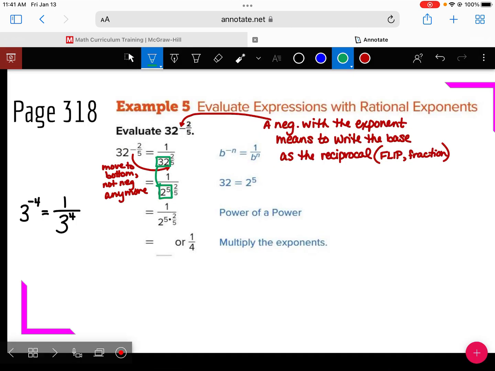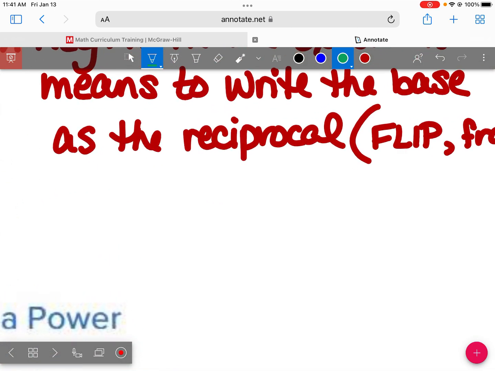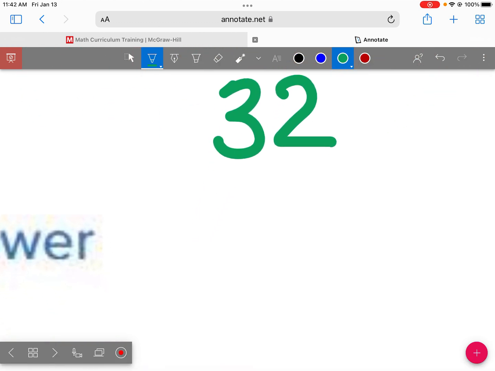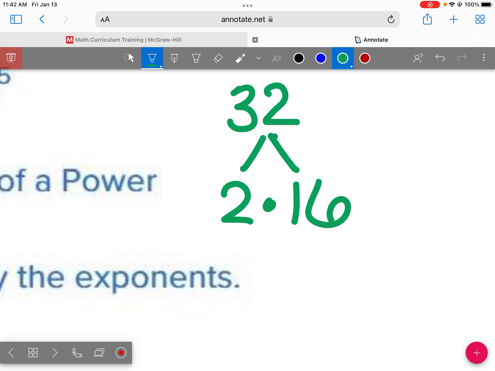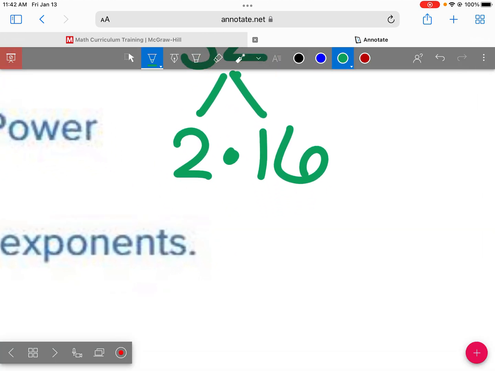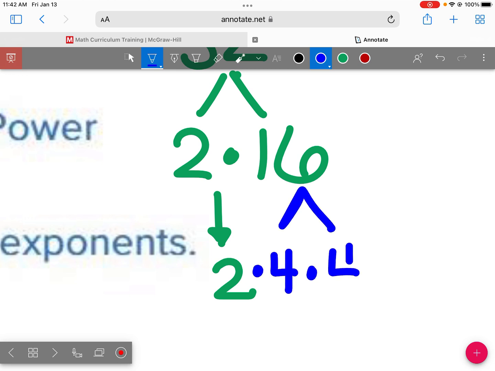All right, let's take 32 and see if we can break this down. Give me another way to write that. What goes into 32? 2 goes into 32. This would be 2 times what? 2 times 16. Can anything go into 16? I heard 4. That'd be 4 times 4, right?